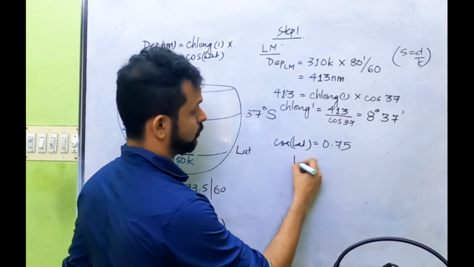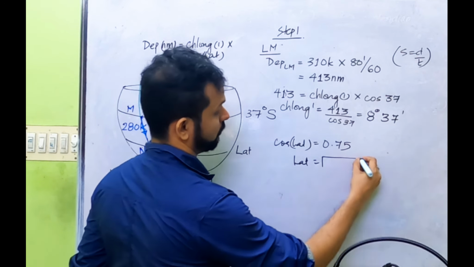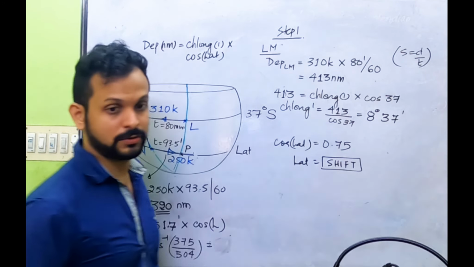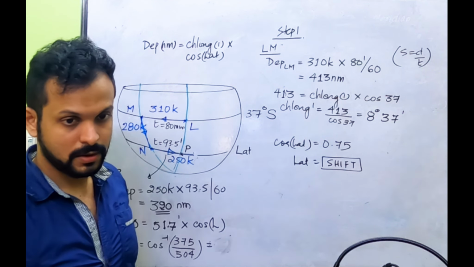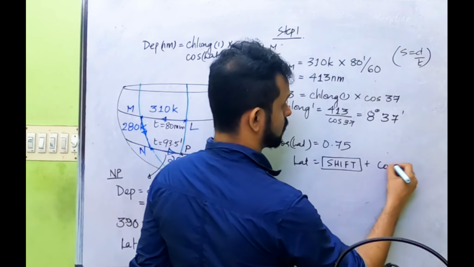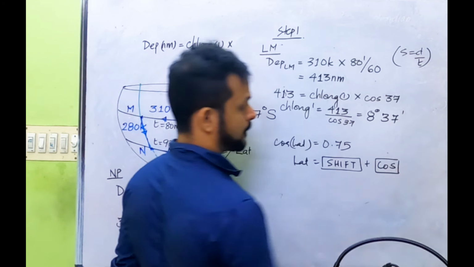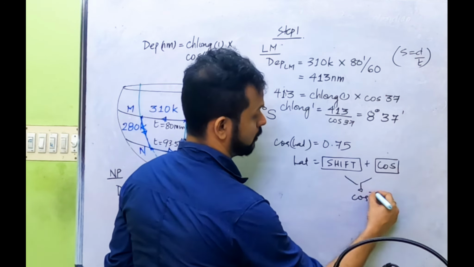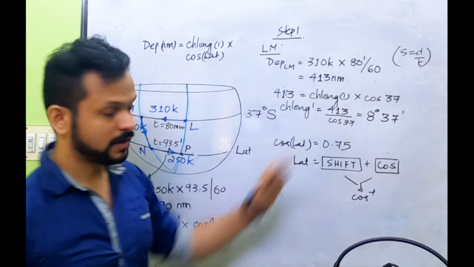To find the latitude, what you can do is press shift in your scientific calculator, press shift, which is on top. Now press cos. You'll be able to see cos inverse on screen, and then type answer.